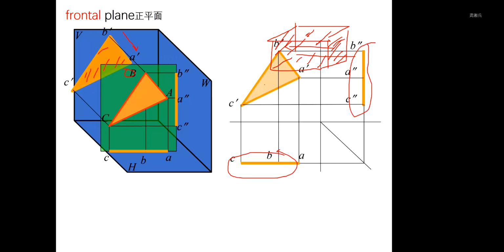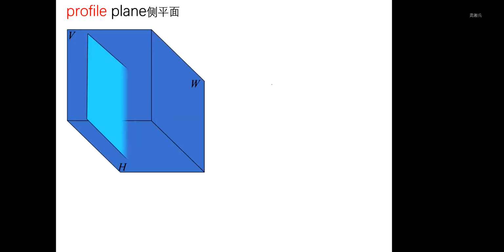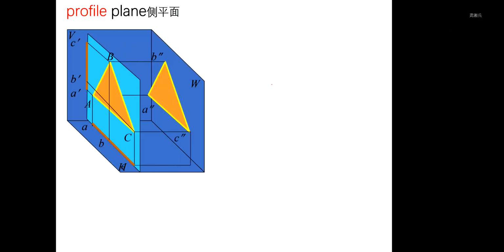So plane ABC is a front plane, parallel to the front. For the profile plane, we also say side plane or wing plane, which is the same thing. Side, wing, profile are the same for this plane. This plane is parallel to the W projection plane.